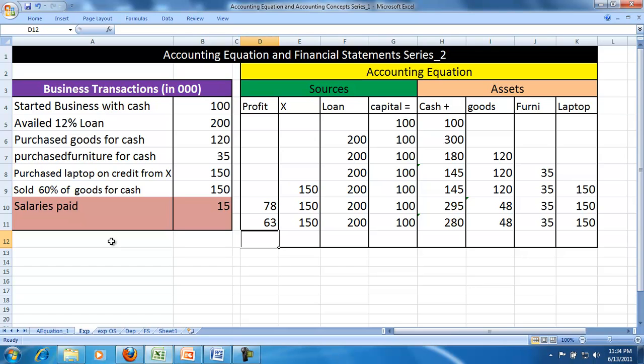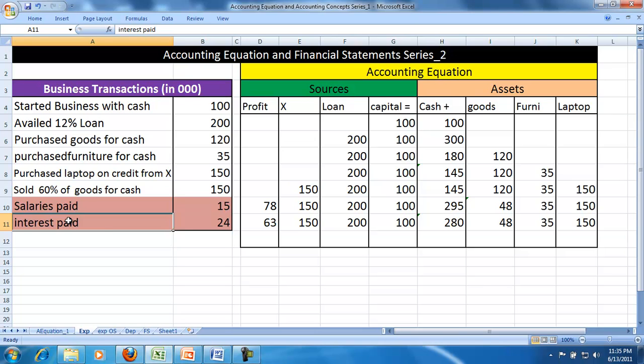Now if you observe the transactions closely, there is a loan availed at 12% interest. That means you have committed to pay 12% interest on the loan. Therefore you have to show interest, and interest has to be an expense. Suppose we assume that I pay the interest, and interest at 0.12 is 24. You can ask the question, why does interest have to be paid?